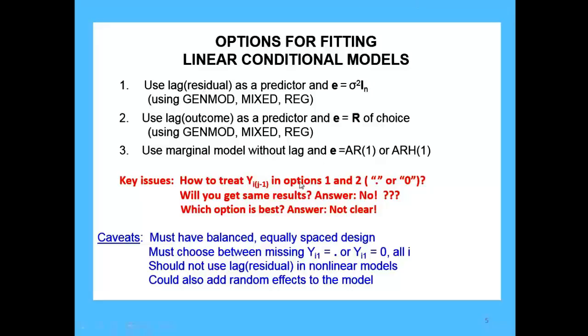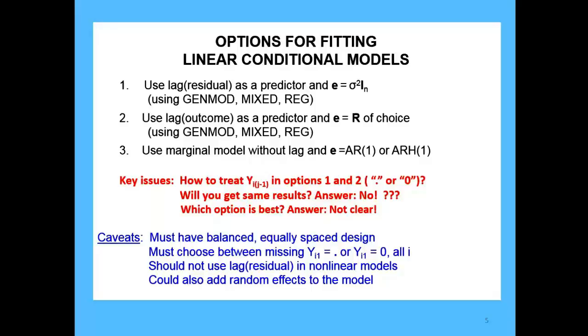And a third option is to not do any lag, and just use a marginal AR1 model. So there are 3 different options. This is what's in the literature on how to fit a conditional model. One is a lagged residual, one is a lagged outcome, and the other doesn't even have a lag. You just assume the correlation structure is AR1 and assume that's going to be the right way to answer your question.